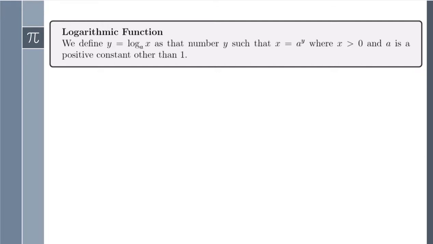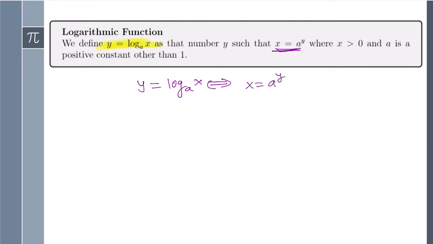When we have y equals log base a of x, which we read that way, then this is equivalent to, or the same as writing, x equals a to the y. So y equals log base a of x is the same as writing x equals a to the y.